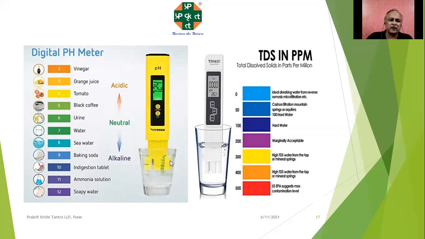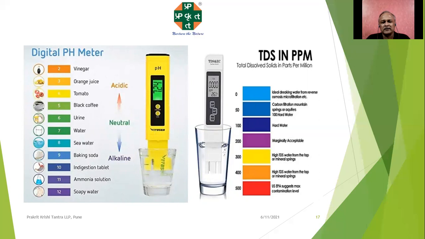So we must measure these two, and here you can see the TDS can also be measured with this instrument. TDS is total dissolved solids in water. If TDS is very high, it is not very suitable for drinking purposes.